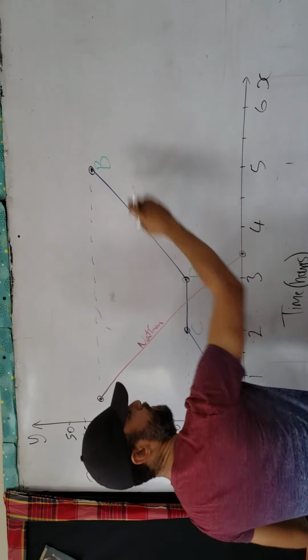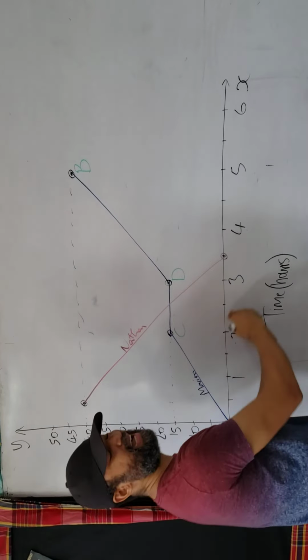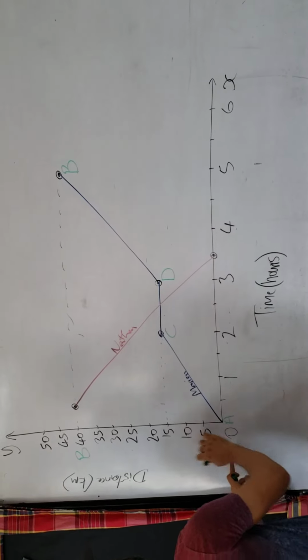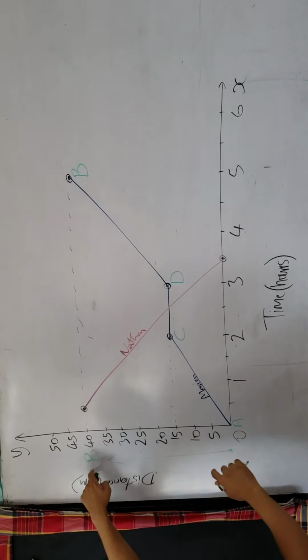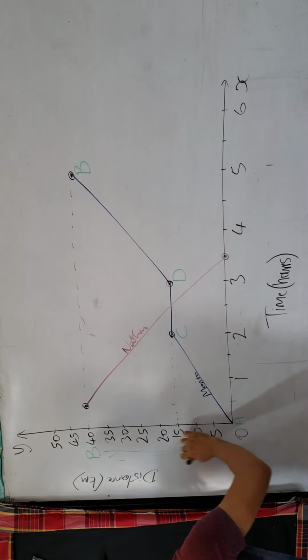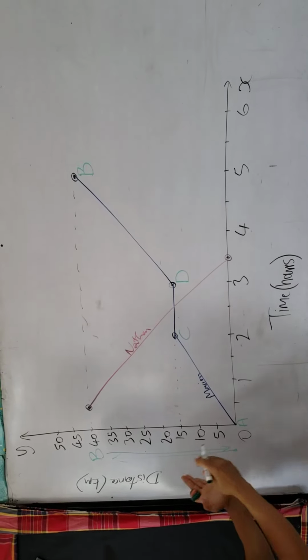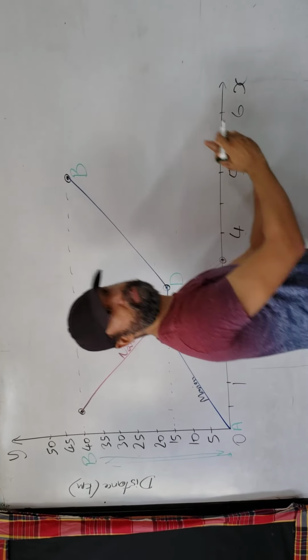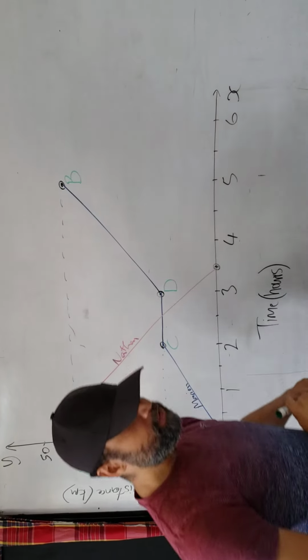It only spreads like this because you need to see as time progresses. But really, what is happening is Marion rode in that direction and Nathan rode from B to A in that direction. Simple. But we have it going like that because we need to see as time progresses.